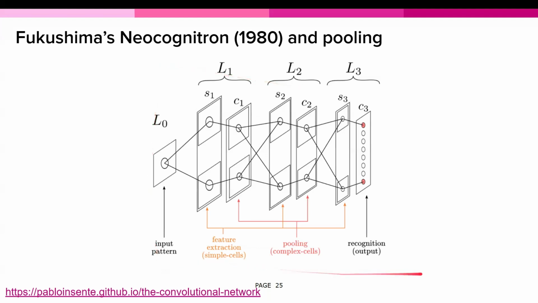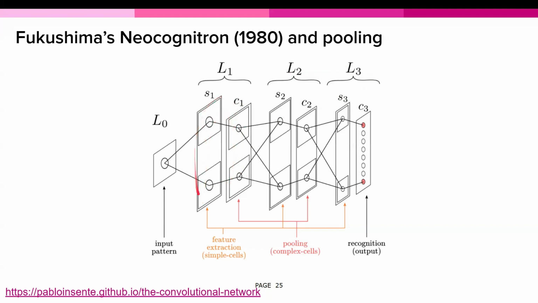This schematic is a simplified diagram of the neocognitron's architecture. The signal flows from left to right through levels L0 through L3. Each level, in turn, is composed of two layers connected in a cascade.